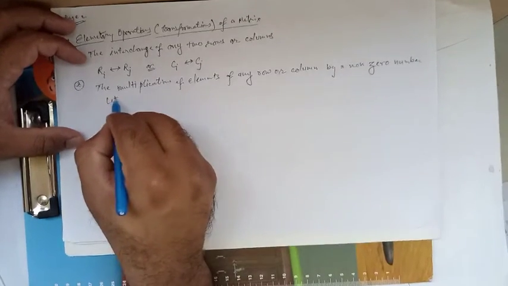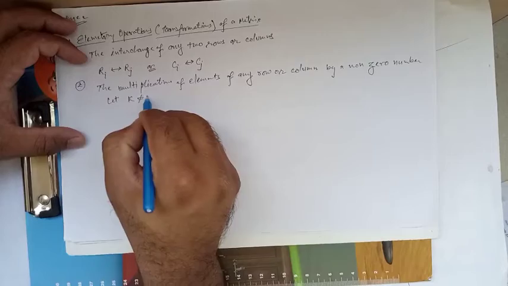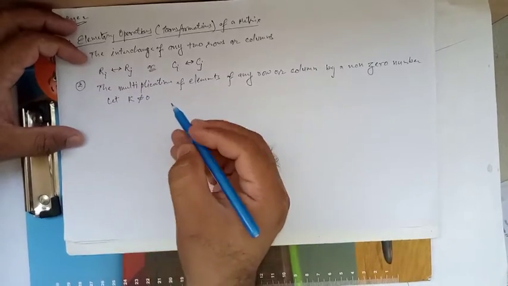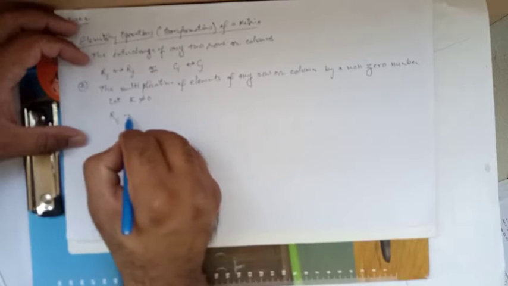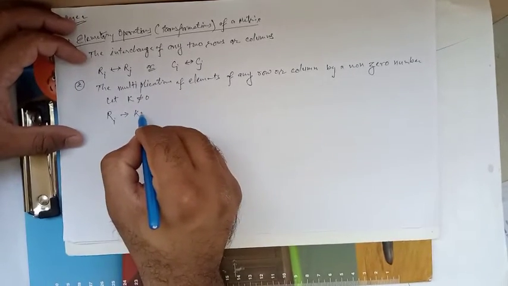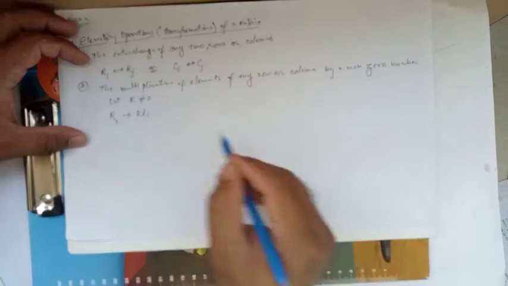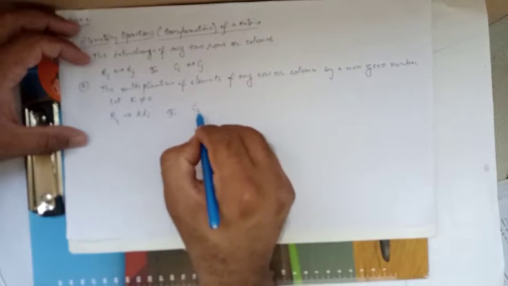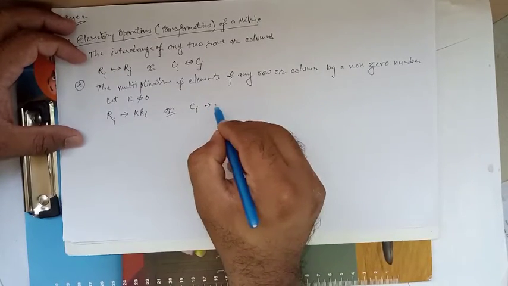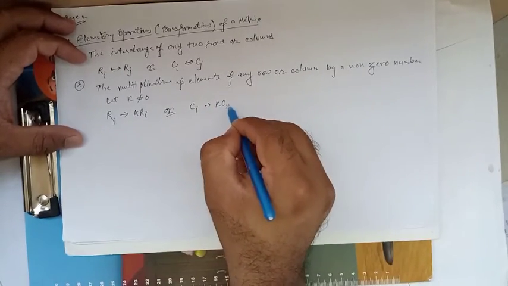Let that number be k, that is not equal to 0, and it can be symbolically represented as Ri goes to k times Ri, or in columns, Ci goes to k times Ci.